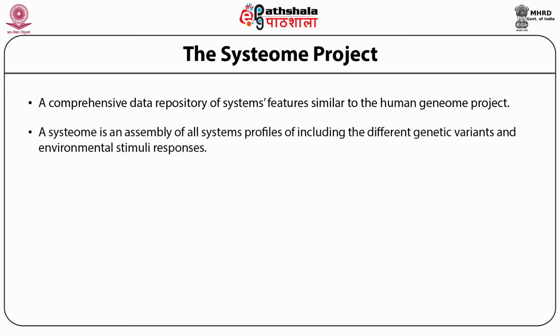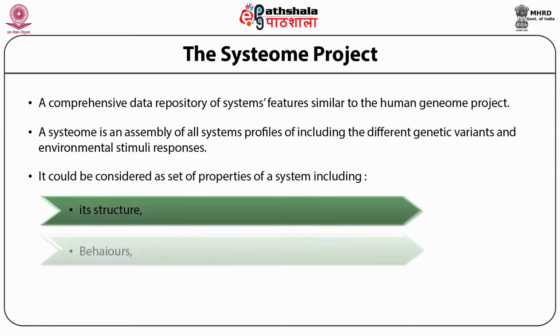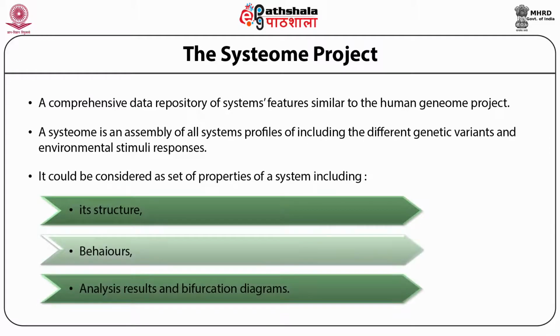So a Systeome is an assembly of all systems profiles which includes the different genetic variants, the environmental stimuli and responses. So it could be considered as a set of properties of a system which includes its structures, behavior, analysis of the results and the bifurcation diagrams.